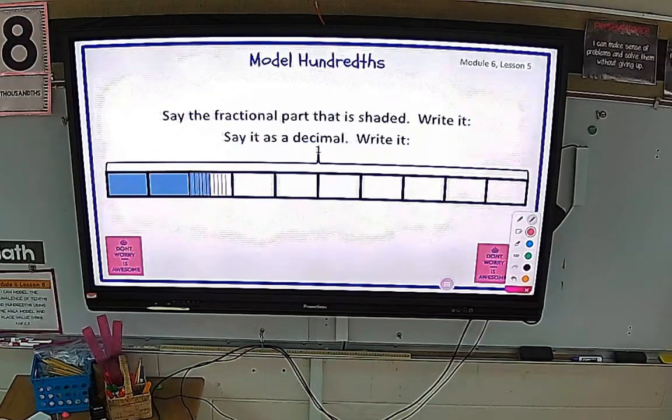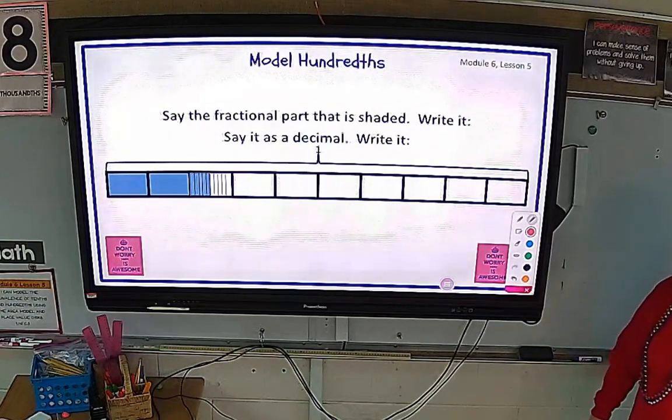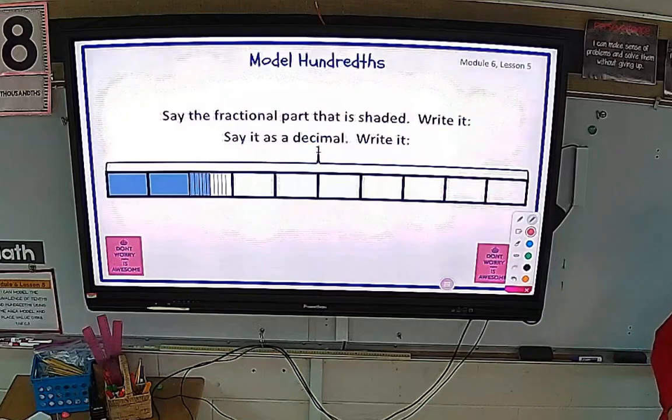Look at it carefully. What have they done? Let's just describe what you're seeing. They cut it into tenths, and then one of the boxes is shaded. Okay, I like how you describe that.